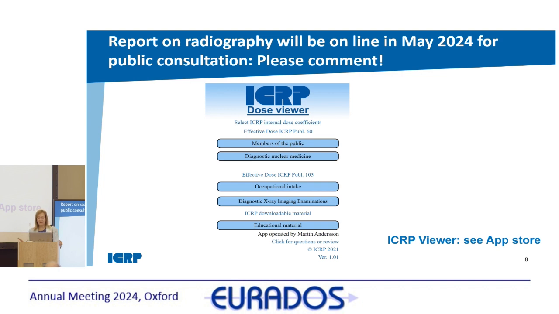The data will be accessed as an ASCII file, and the data for the Bremsstrahlung spectra will also be accessible via the ICRP viewer, which is an application for mobile devices. It is developed by Martin Andersson and also includes other exposure conditions and other dose coefficients that have been developed at the ICRP.